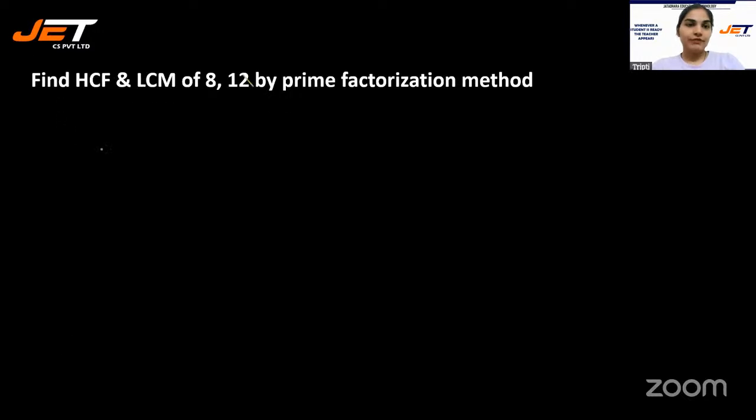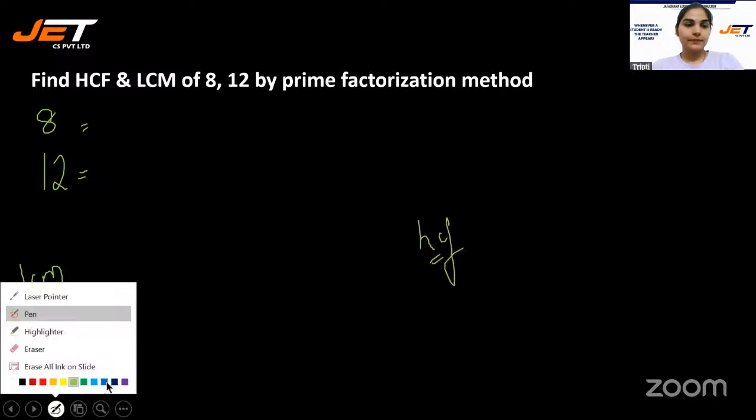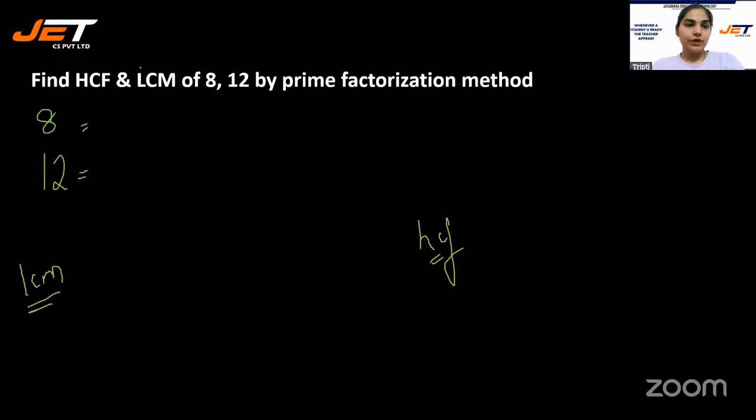Okay, so we are finding for 8 and 12, right? Here for 8, you must be thinking it can be 2 times 4 also. But no, dear children, 4 is not a prime number.